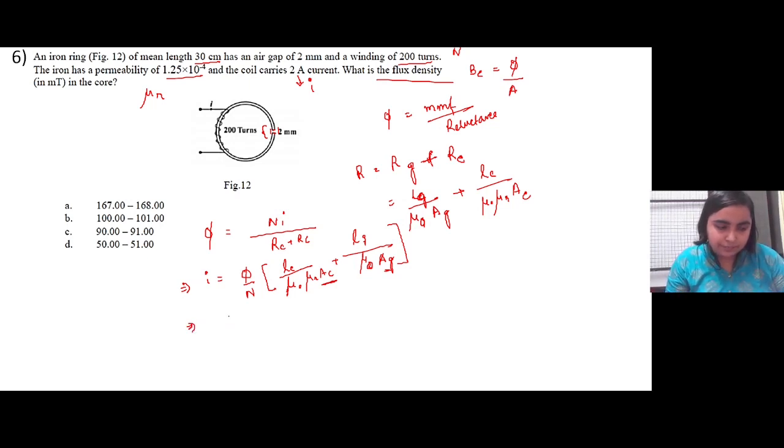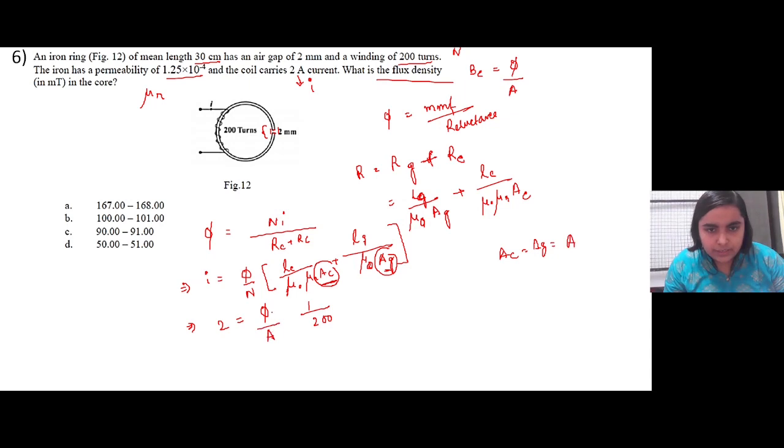Current is given as 2 ampere, N is given as 200 turns. So Ac equal to Ag equal to A. Let this be A. This is what we have to find out.